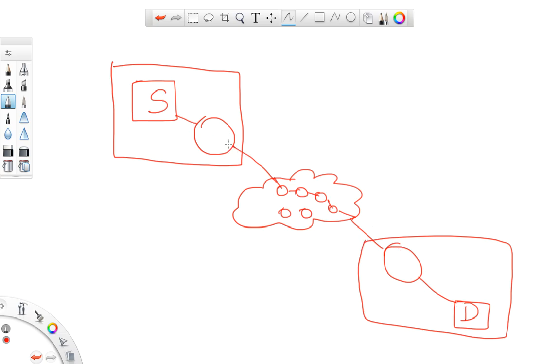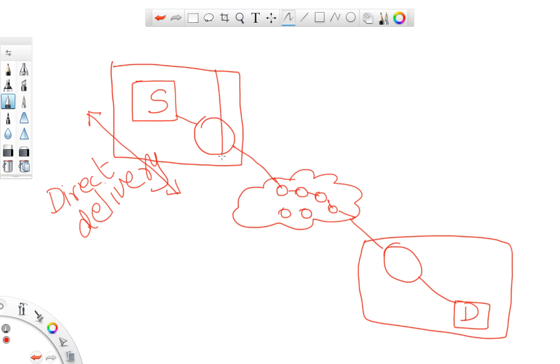So when the source sends the information to its gateway router, this delivery is direct delivery, okay? Because it is the same network. Actually, the network would be the same until here, not this interface. This interface would belong to another network. But this side would be the same network. So it's direct delivery. Similarly, in this case, we have from the router to the destination, again, this is direct delivery.